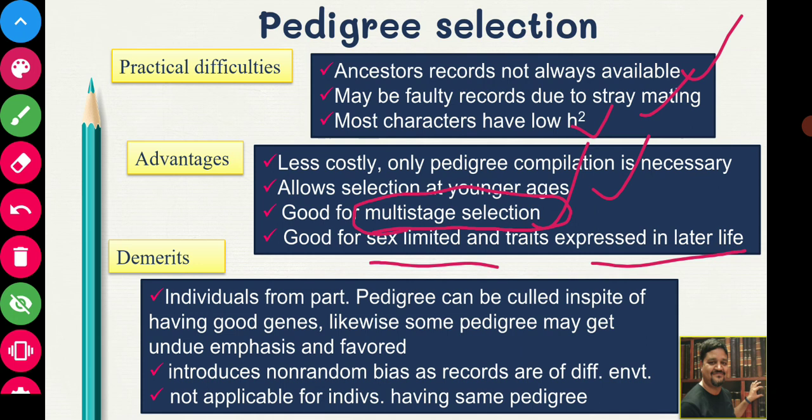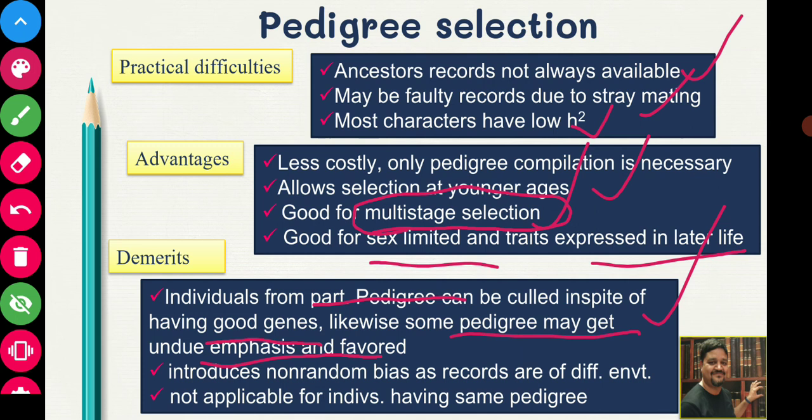Then what are the demerits? An individual from a particular pedigree can be culled in spite of having good genes. Likewise, some pedigrees may get undue emphasis and be favored. Suppose the distribution of genes, a particular parent giving genes to his progeny, is completely random. There is no control of anyone on that.